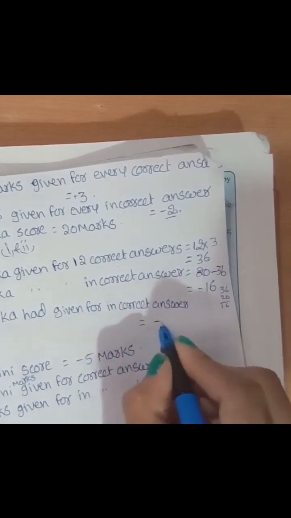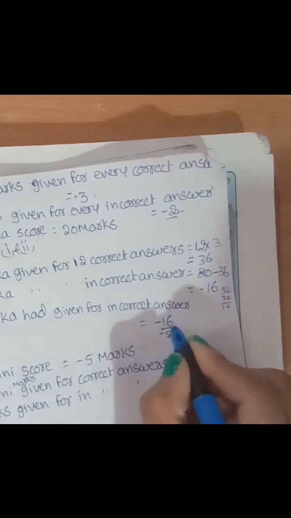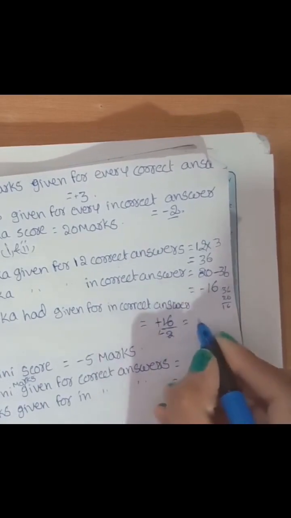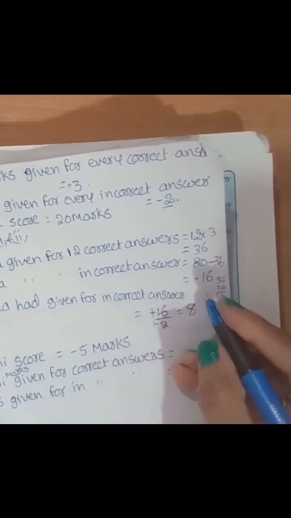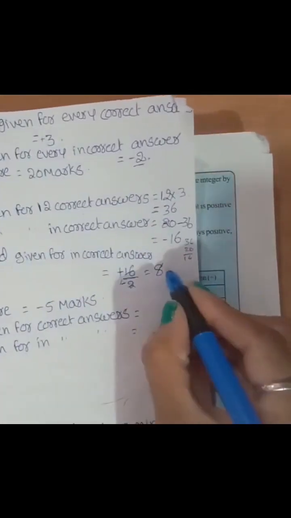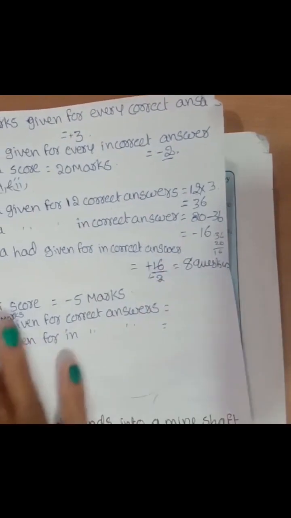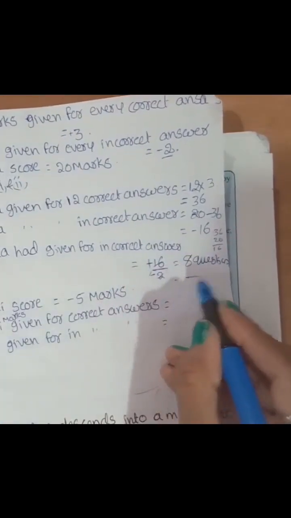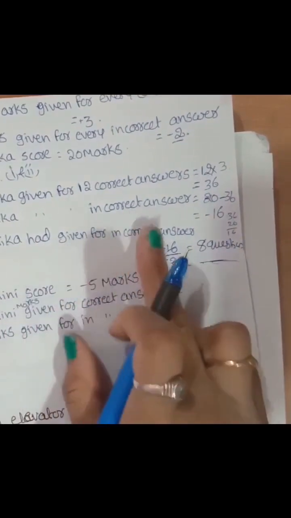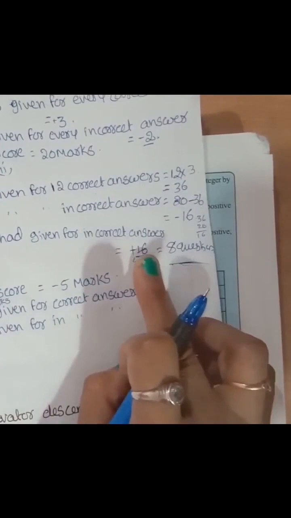So the minus 16 only. Minus 16 by minus 2, the minus and minus cancel, so that's why it is 8 only. Okay? 8 questions. Okay, Gagan Sai? Yeah. Next, the incorrect questions is 8 questions only. Total score minus correct answer, so we will get the incorrect only.